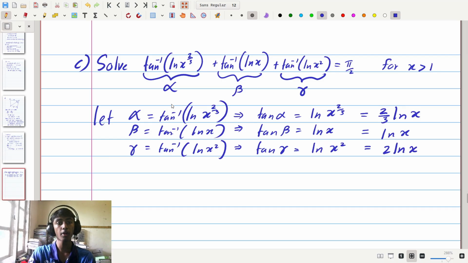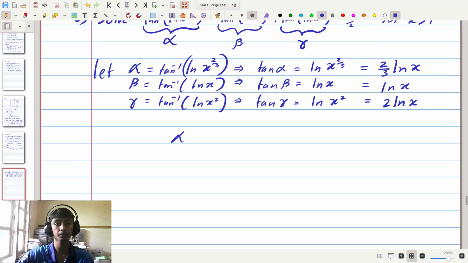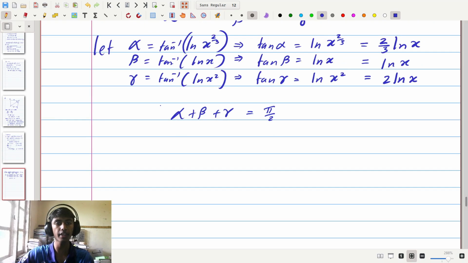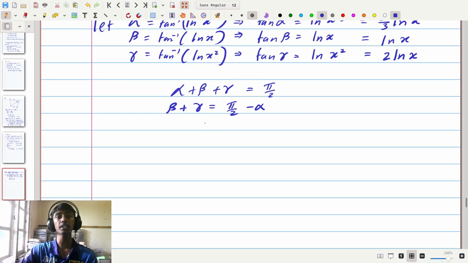Now, from this we can say that alpha plus beta plus gamma must be equal to pi by 2 based on the equation given. Now, if I take one of these angles to the other side, let's say alpha, this would mean that beta plus gamma must be equal to pi by 2 minus alpha. So far we can't see why this would be useful, but consider taking the tangent of both sides.